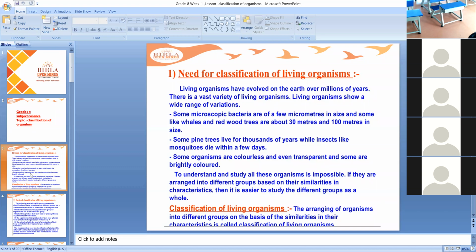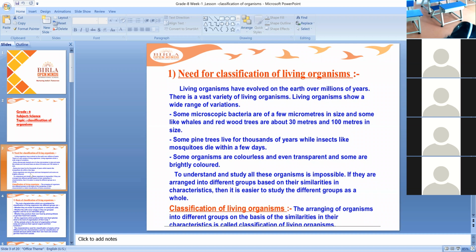In the beginning, the scientists grouped so many things together, like water animals, but even among marine animals there are many differences. So depending on that, they introduced the classification.